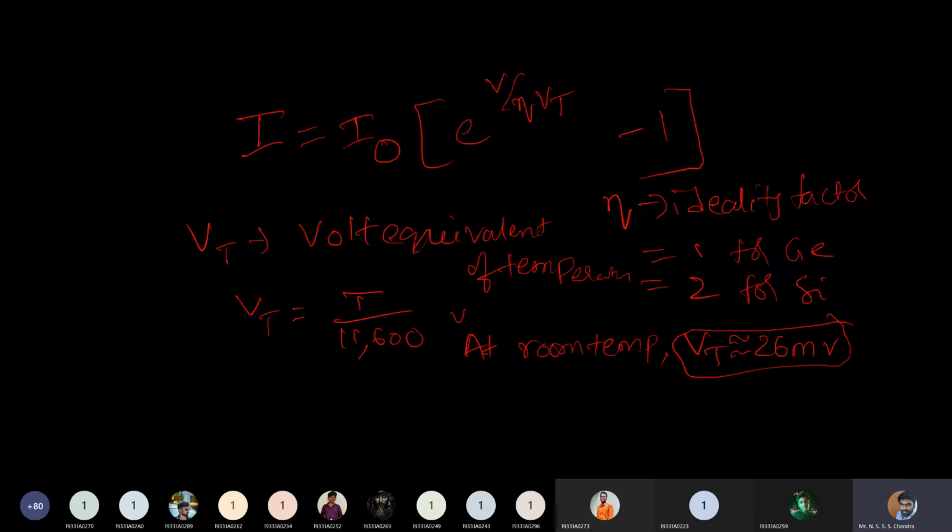Okay, and then we have also seen that in forward bias, if V is much greater than Vt, so Vt is a very small value. At room temperature it is only 26 millivolts.